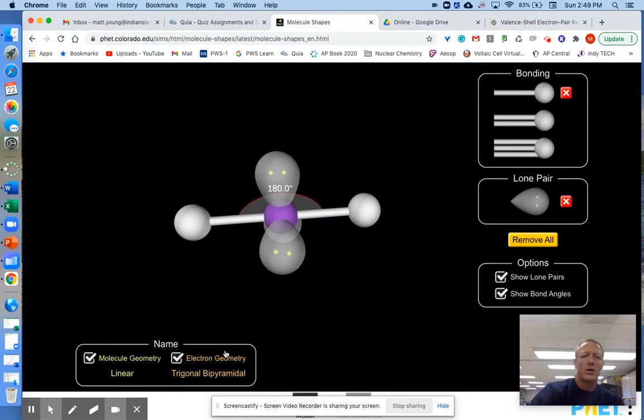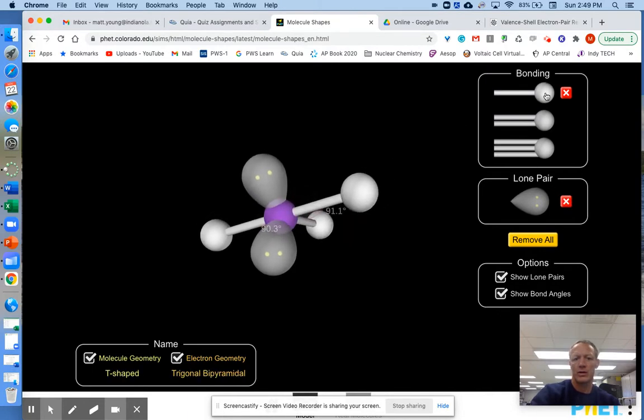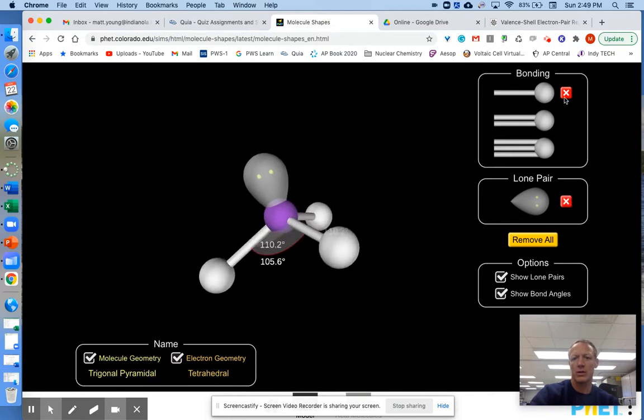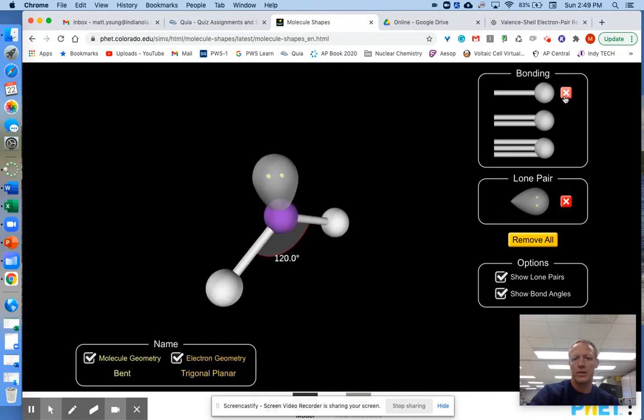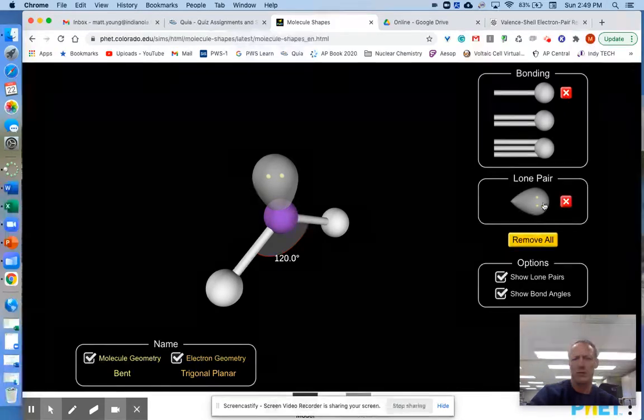So you've got 4 different shapes there. When the electron geometry is trigonal bipyramidal, so when there's 5 electron pairs around the central element, you can have linear, you can have T-shaped, you can have, no, that's not right.